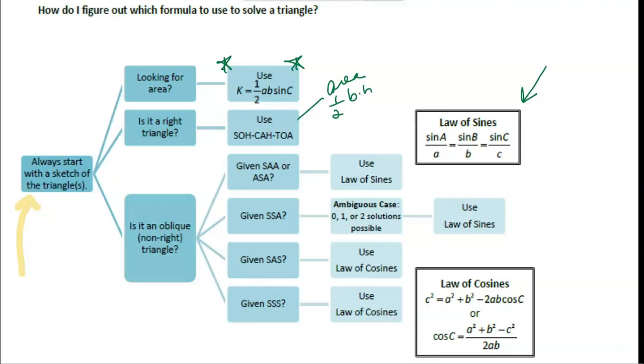And you're going to use that either to get a missing side, which is this formula, or a missing angle, which is this formula. So we're going to give you the formulas. It's up to you to understand when to use it and to use it correctly. So inputting it into your calculator correctly is going to be extremely important. So I highly recommend you stick with one calculator and you know how to use it well.